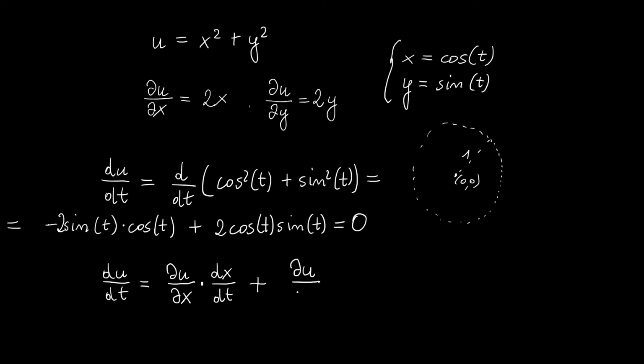So u depends on x and y, so we need to use x and y here. So now derivative of u with respect to x times dx over dt.